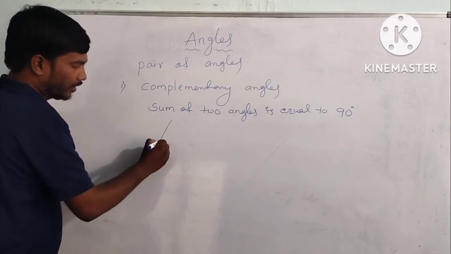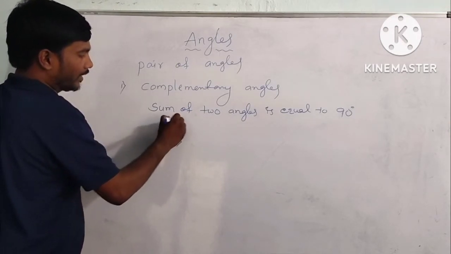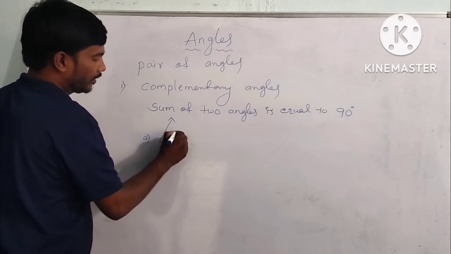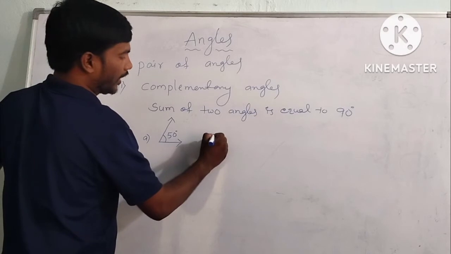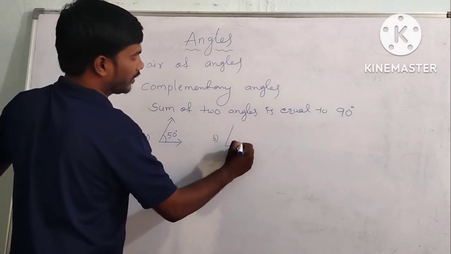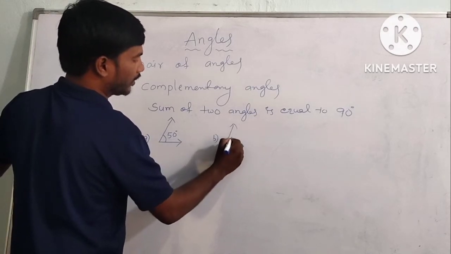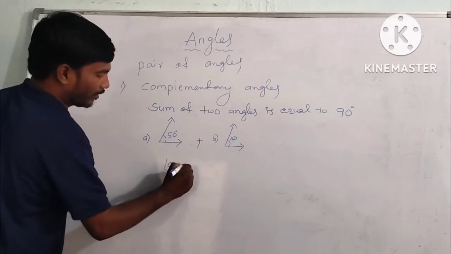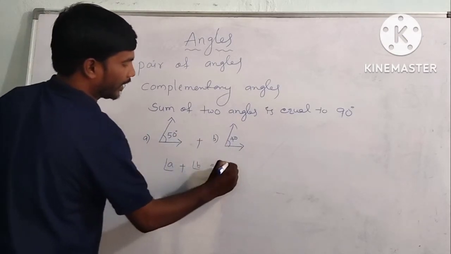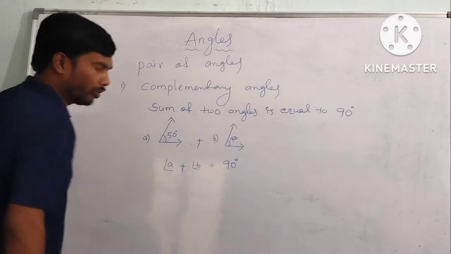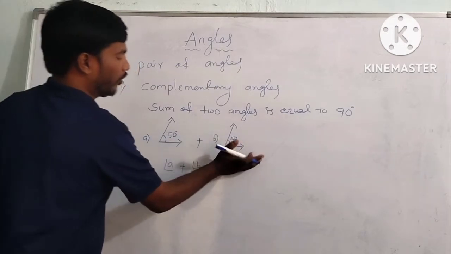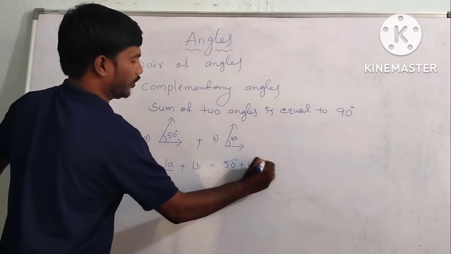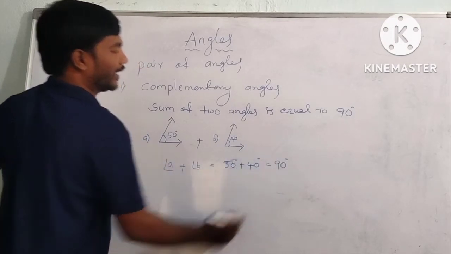See here, angle A is there, 50 degrees, and another angle B is there, 40 degrees. If you add these two angles, angle A plus angle B, the sum of these two angles is equal to how much? 50 degrees plus 40 degrees equals 90 degrees.